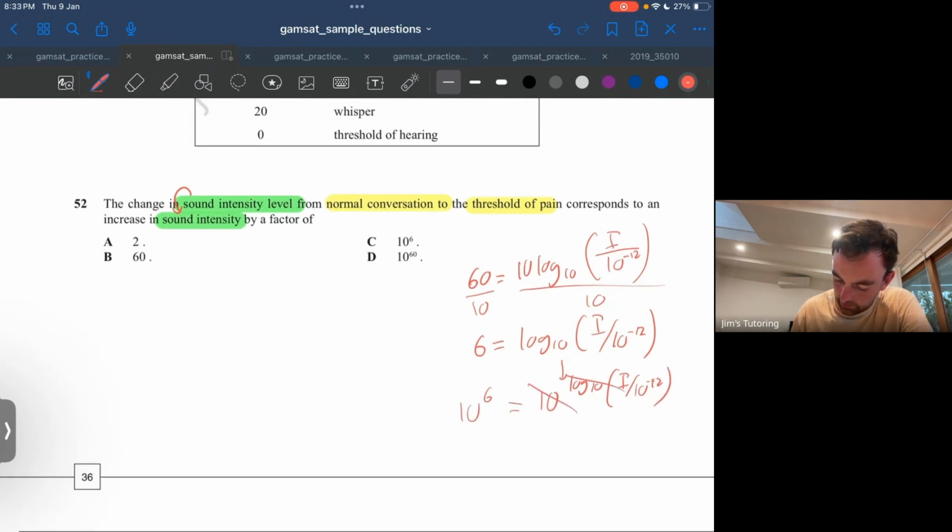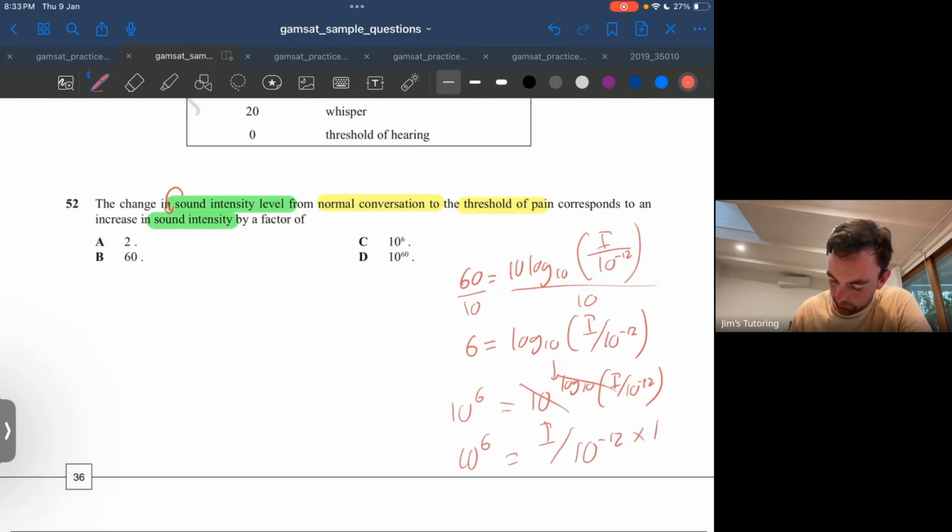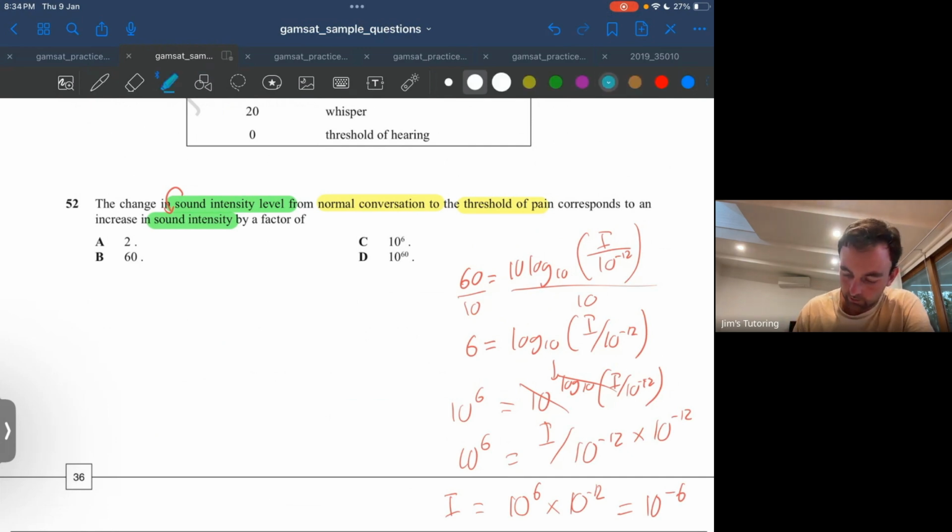They cancel. So we get 10 to the 6 equals I over 10 to the negative 12. Then we can times that by 10 to the negative 12. So I equals 10 to the 6 times 10 to the negative 12, which, if we apply our log laws, will equal 10 to the negative 6. That's what I equals with the normal conversation.